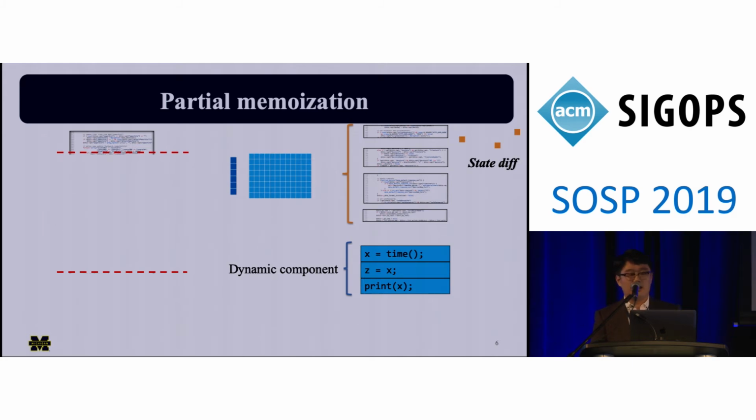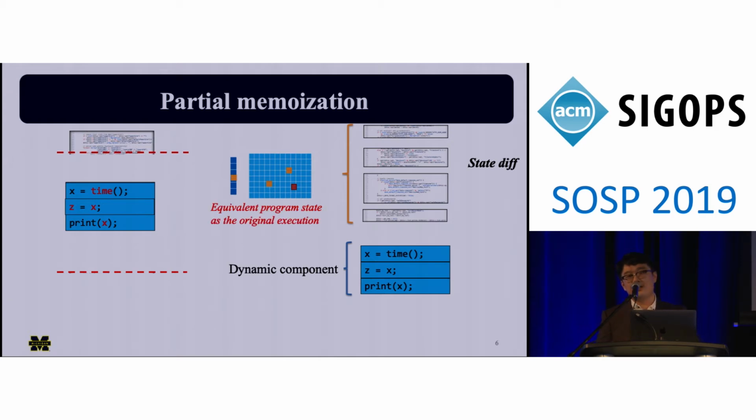Later on, we first apply the state diff and then re-execute everything from the dynamic component to make sure we take the new nondeterministic inputs, generate the output, and what's more, we patch the memory locations that cannot be captured by the static state diff. At this point, we actually reach a program state equivalent to the original execution. Afterwards, we can jump to the end of the code region.